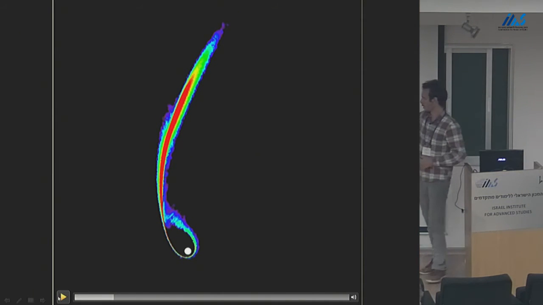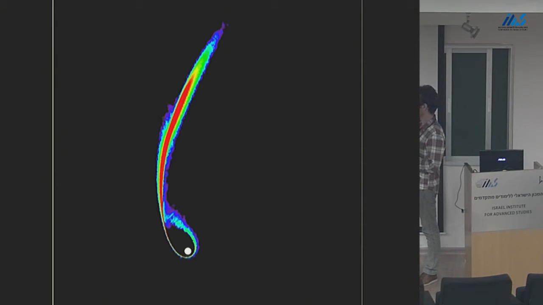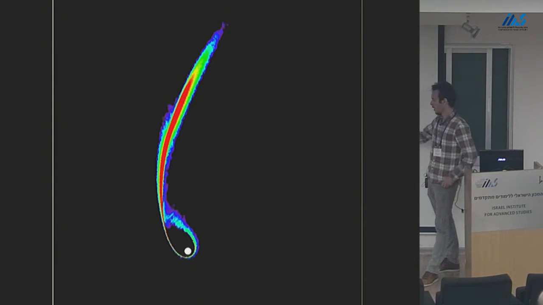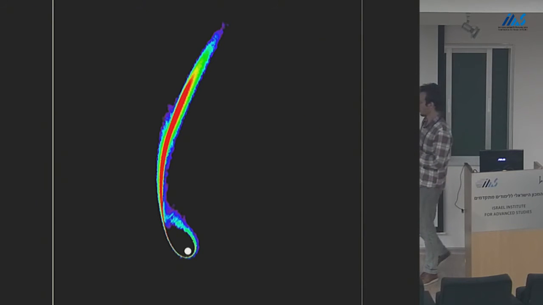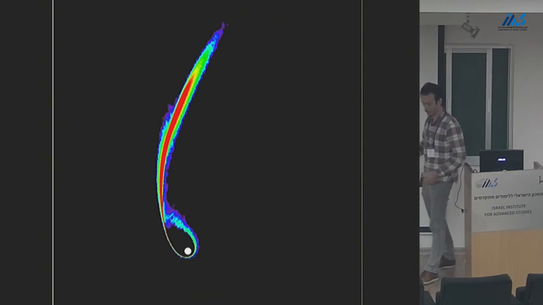I'd just like to pause here to say that this is likely to be similar to the case of a parabolic orbit for the star, because this is the highest eccentricity that we considered. And the pericenter distance is unchanged, which means that the apsidal precession is still high, about 90 degrees.